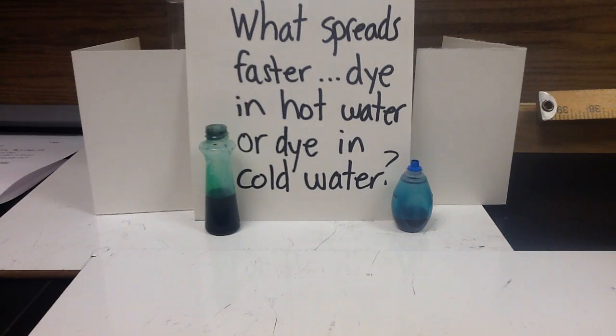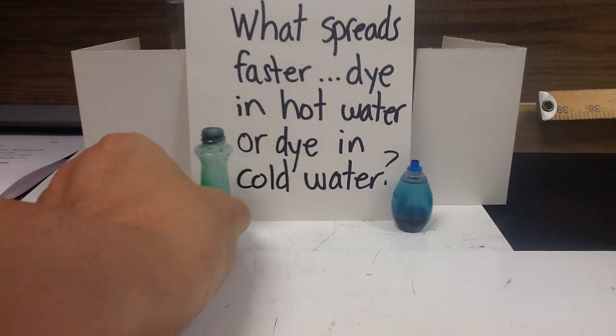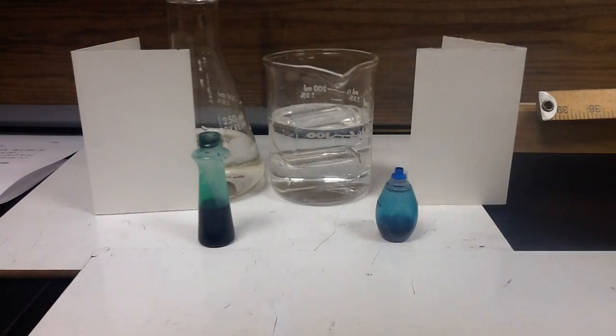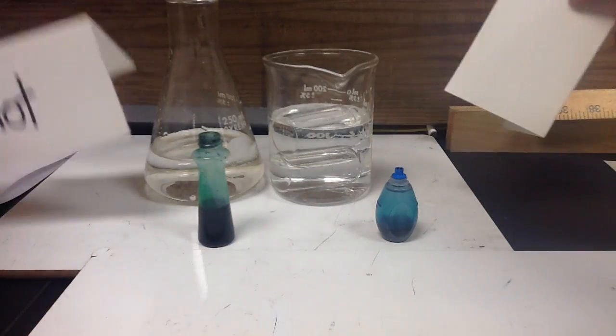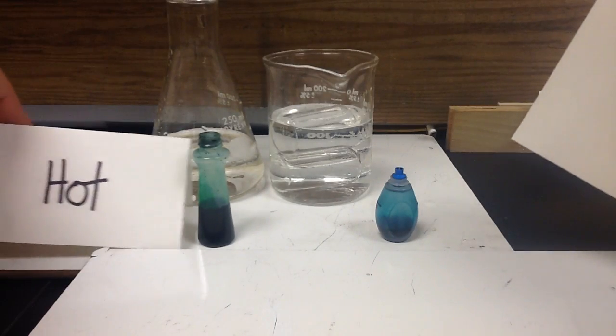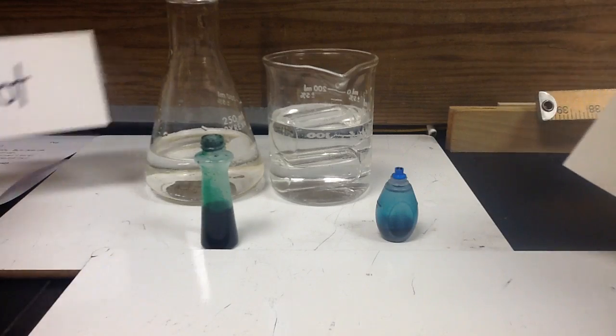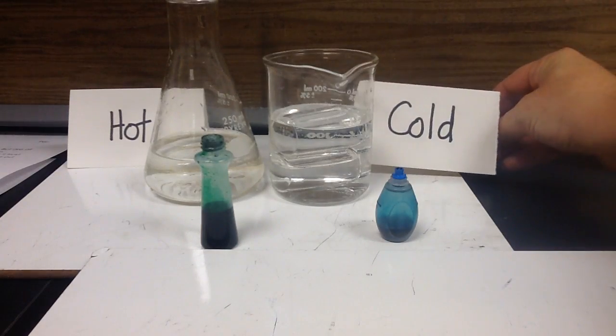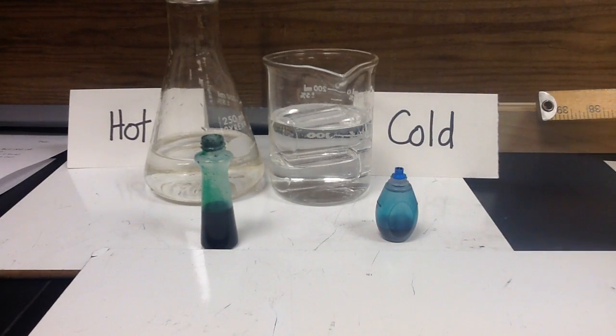You can see I have green dye in this container and blue dye, it's just food coloring, in this container. And then what I have is hot water over here, and cold water over here. You can see the ice in my cold water, big giant cylinders of ice.